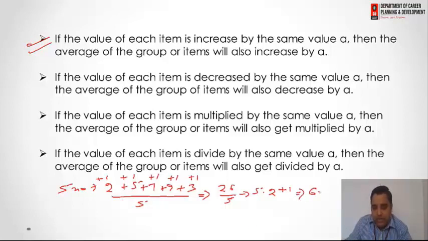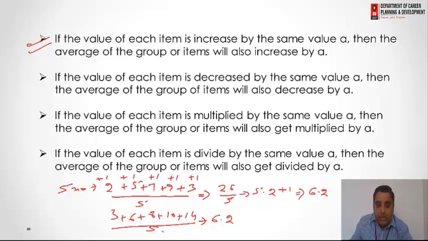It means the new average is 6.2 for the data 3, 6, 8, 10 and 4. It means the sum of all these numbers divided by 5 gives the new average, 6.2. In this way we can understand this first aspect of average in general.